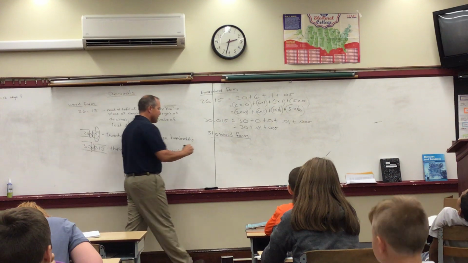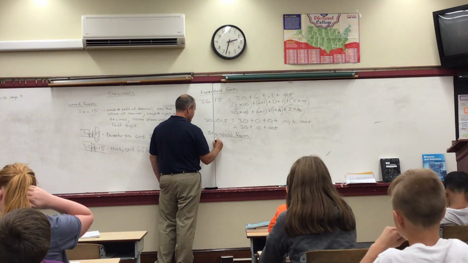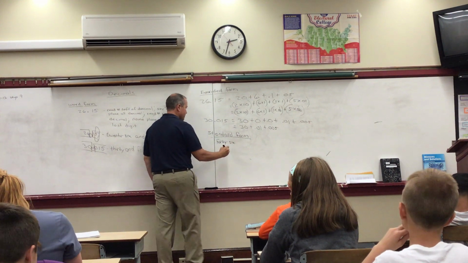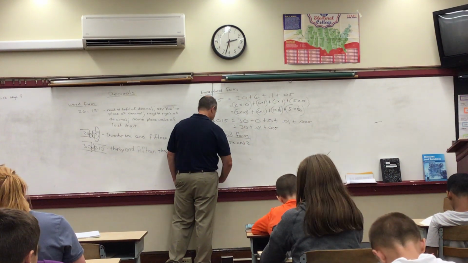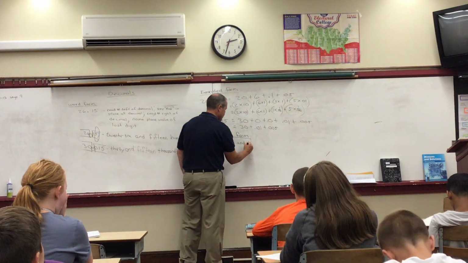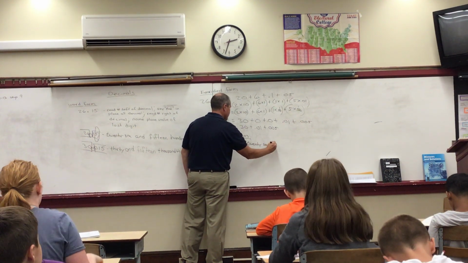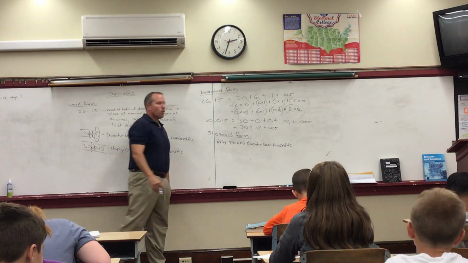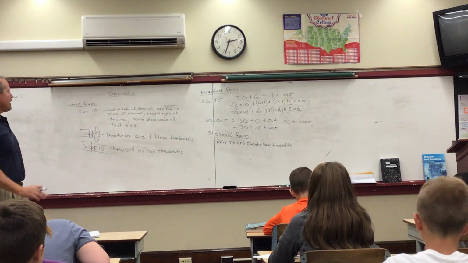If we have 46 and 27 thousandths, when we put it into standard form, we're going to go backwards.